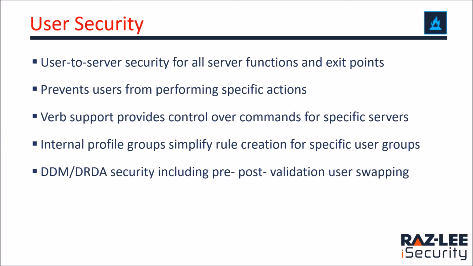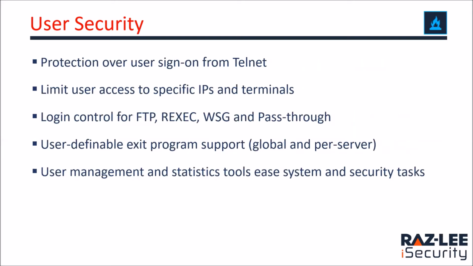So the user must have the lowest possible credentials. And you can make internal profile groups to simplify the rule creation. So you can group all the users and give them the lowest possible credentials. Also, you can limit the users' access to specific IPs and specific terminals.